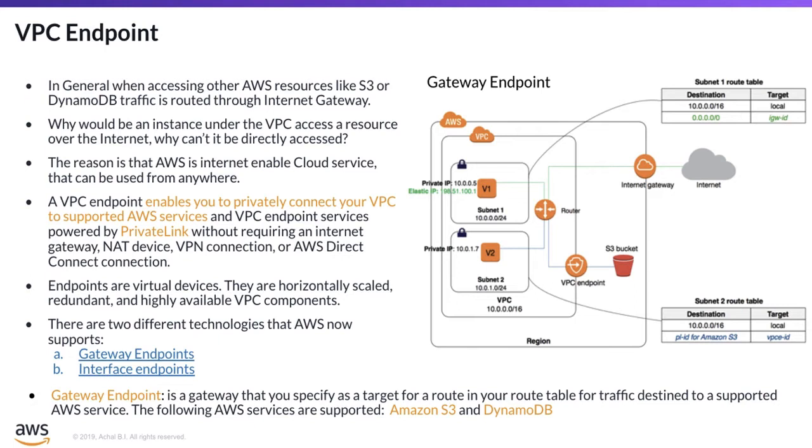These VPC endpoints are placed at the edge of the VPC, so that they act as a gateway for the AWS resources.